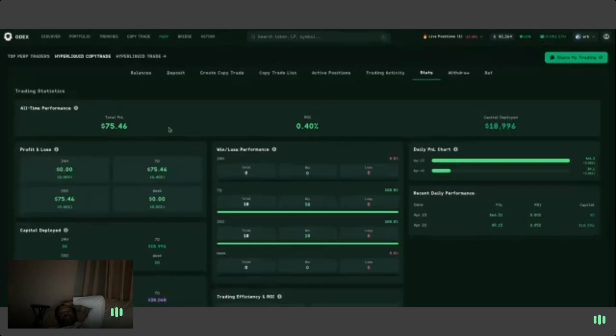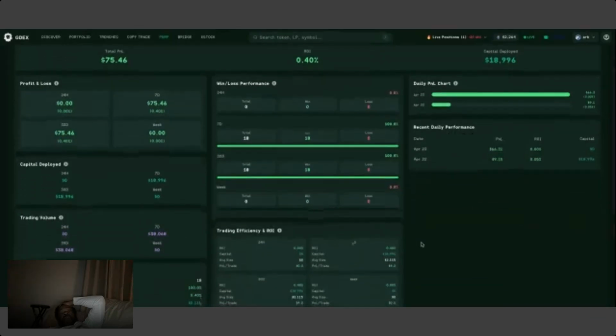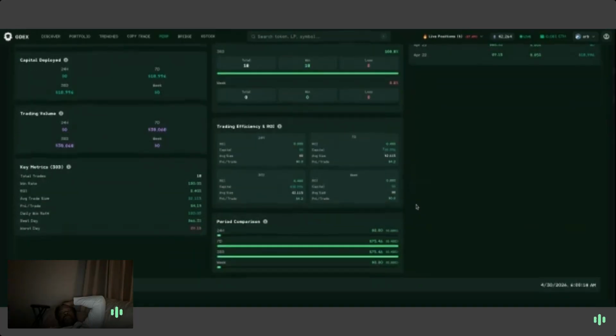Return on investment is 0.4. The one thing I want to show you is them wins and losses are fantastic. 18 trades, 18 wins. Fantastic. Numbers don't lie. On this session, I was actually trading agents.